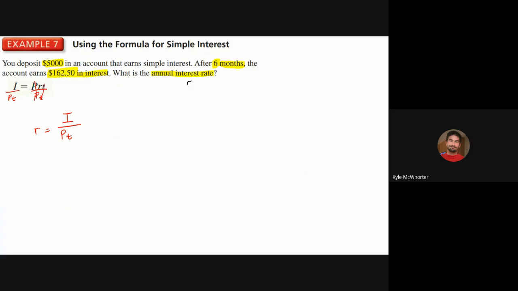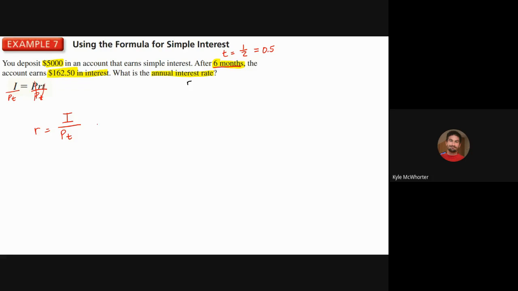Does anybody remember anything special about T, though? T is time, right? Time measured in what? In years. So what T value corresponds to 6 months? 1/2, right? 6 months is 1/2 of a year. We can write 0.5 because that's the same value.